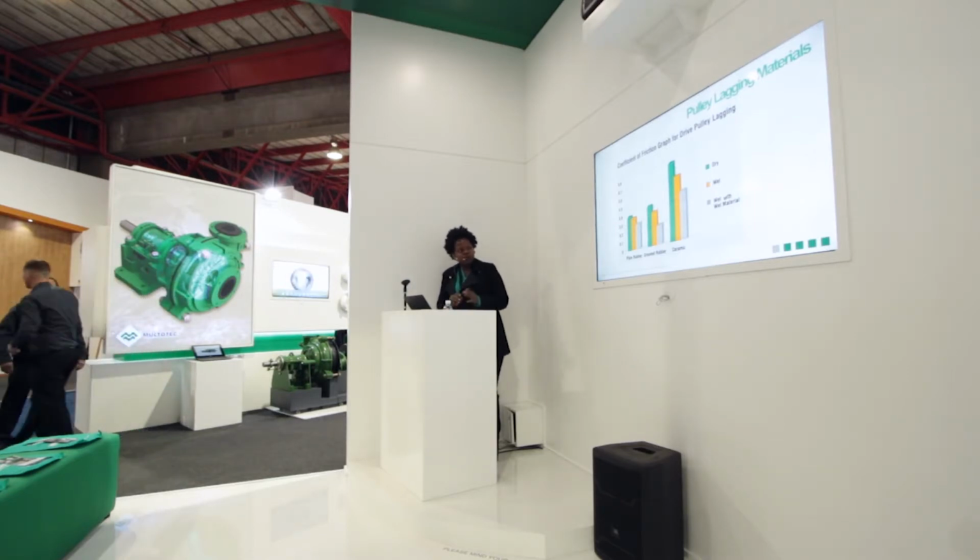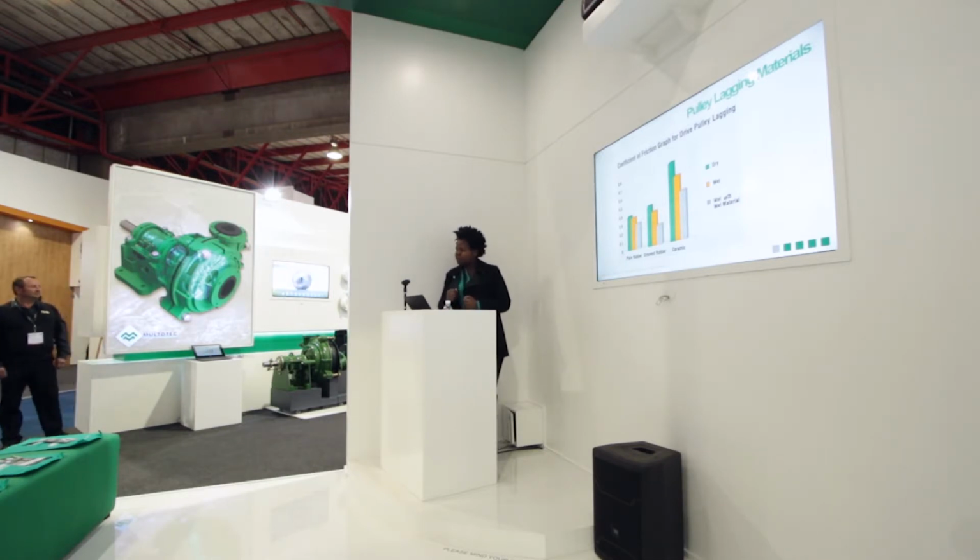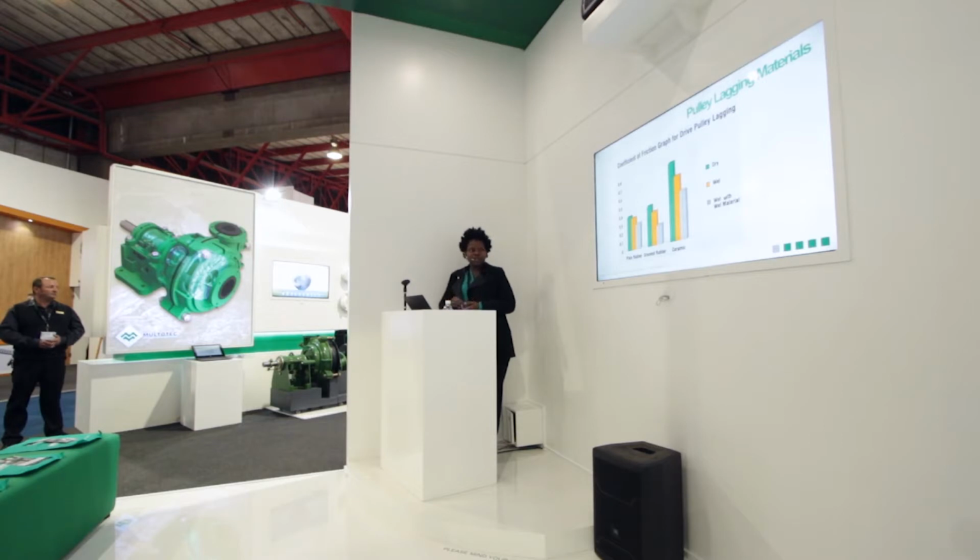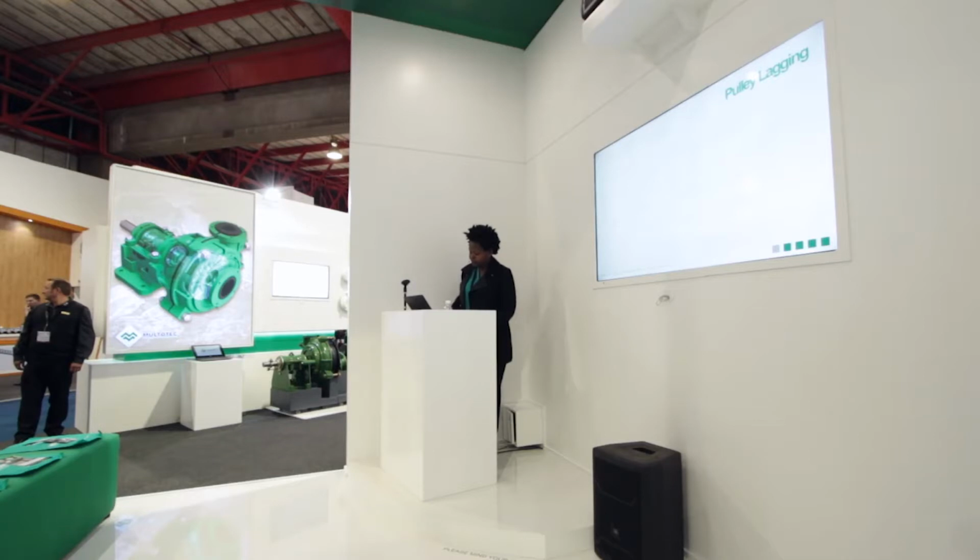But you can see on the far right, the ceramic material, the advantage that it has, especially in addressing the slippage issues for both the dry and the wet processes. So it's undisputed, ceramics always give you the edge.